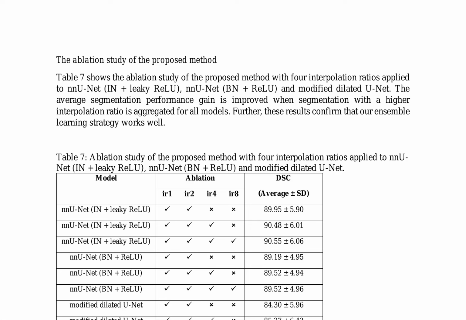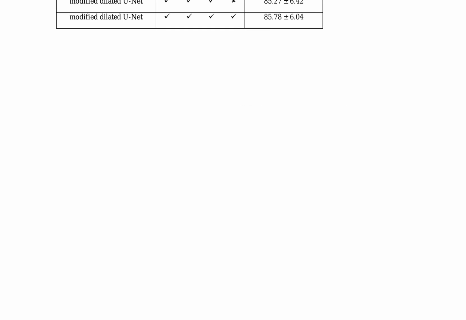The table presents DSC values for each model with different interpolation ratios, IR1, IR2, IR4, and IR8, denoted by check and cross symbols, indicating the presence or absence of the corresponding interpolation ratio. The results demonstrate that nnU-Net with instance normalization and leaky ReLU achieves the highest DSC value of 90.55 plus or minus 6.06 when all interpolation ratios are used.